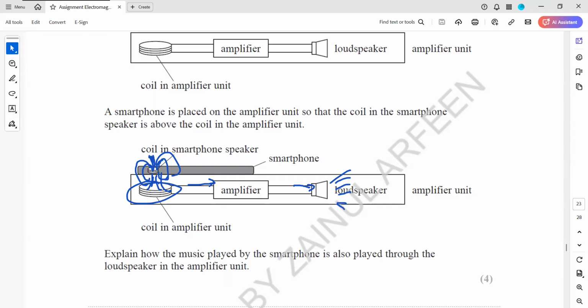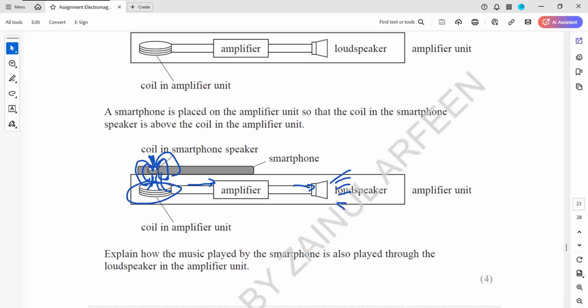So there will be a variable current in the smartphone coil which produces a variable magnetic field, and therefore there will be a change in magnetic flux linkage for the amplifier coil, so it induces EMF.